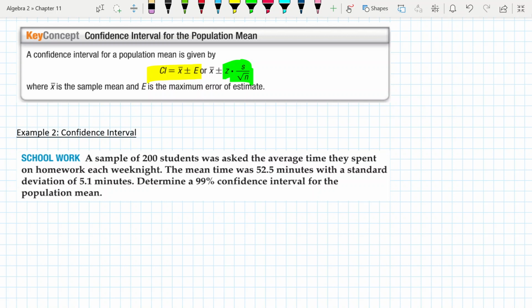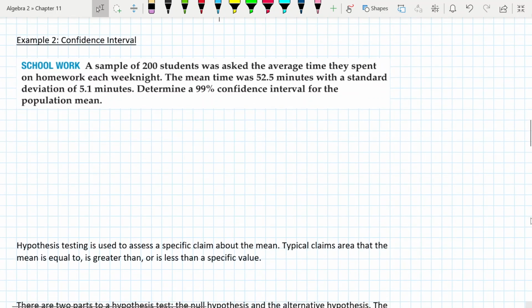a confidence interval. All right, so we're going to do another one here. Example 2, confidence interval. A sample of 200 students, that tells me my n value, 200 students, was asked the average time they spend on homework each weeknight. The mean time, so we'll use x bar for sample mean, was 52.5 minutes.